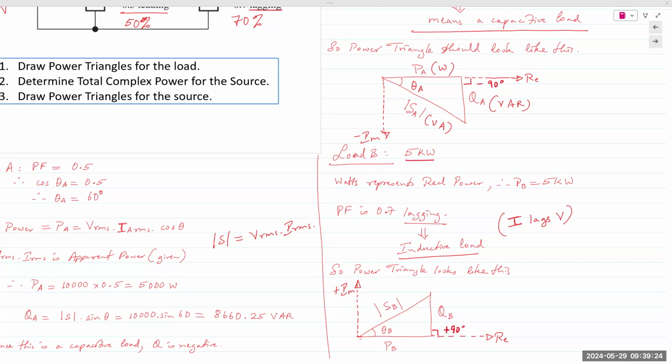Any questions? The approach makes sense. We'll give you a few more seconds to think on that.